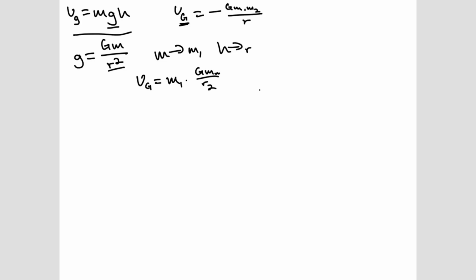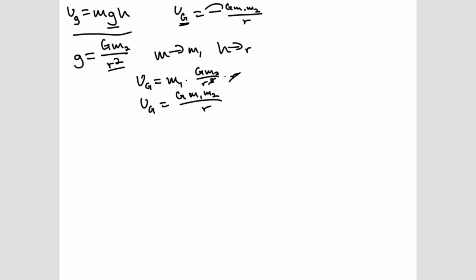I'm going to denote it m2 times r. It's squared, not a subscript, and the square still cancels out. But eventually we get U sub big G is equal to G m1 m2 divided by r.